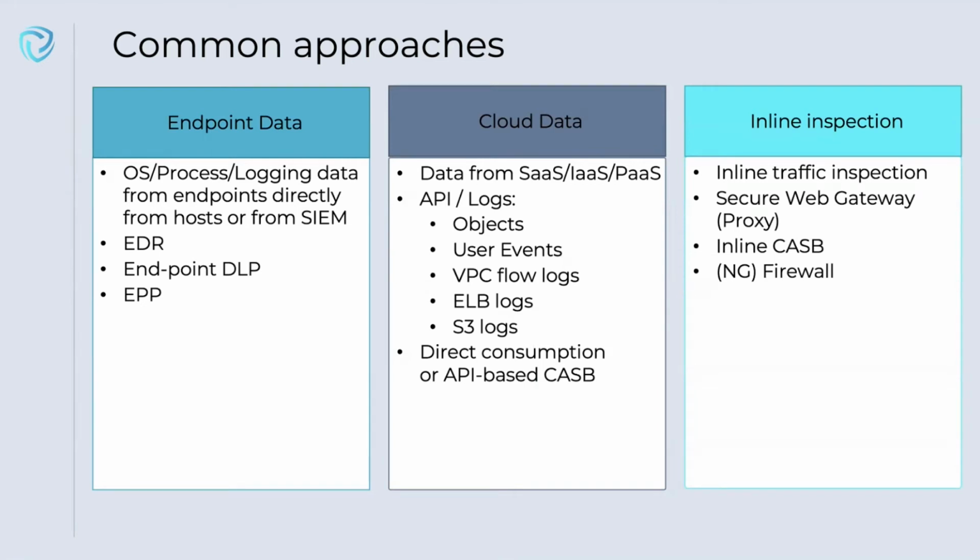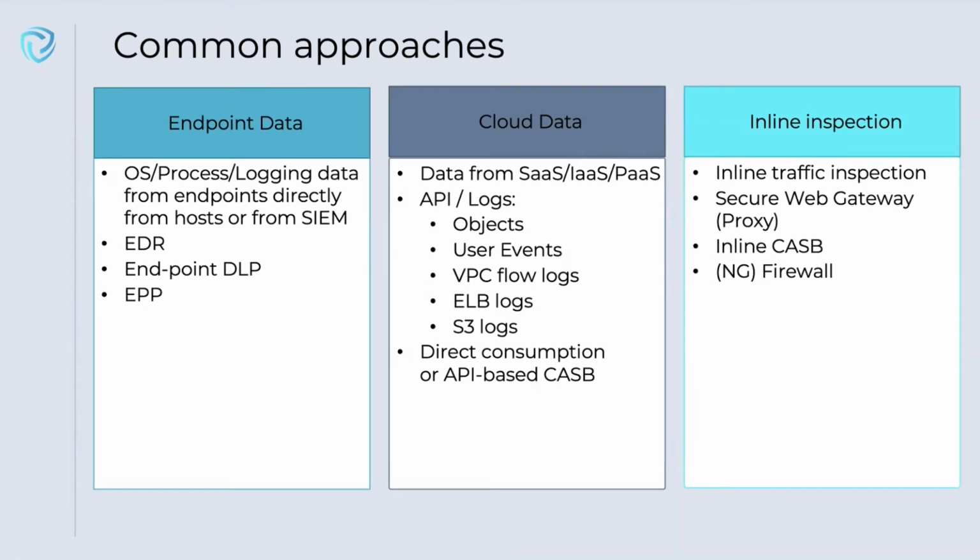Finally, a very common approach is to make sure that all your traffic goes through some centralized inline control where you apply different policies. We have been doing this for ages, actually. So everyone has some form of proxy, which are these days called secure web gateways.